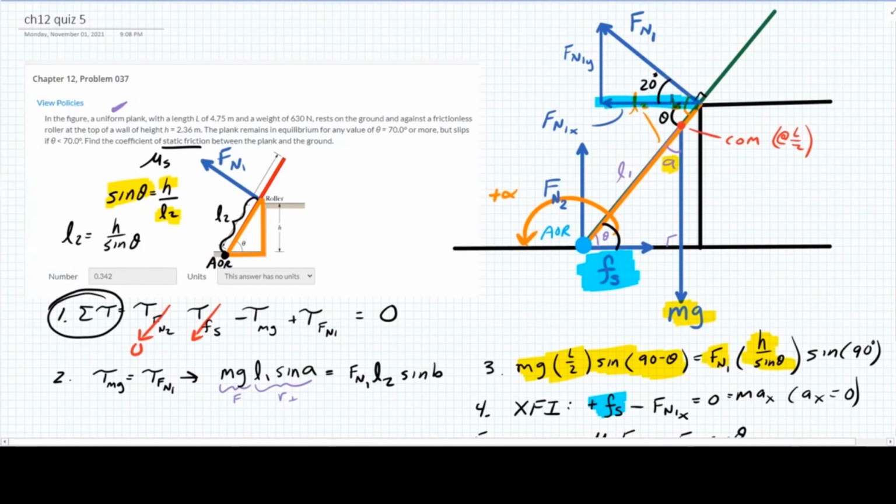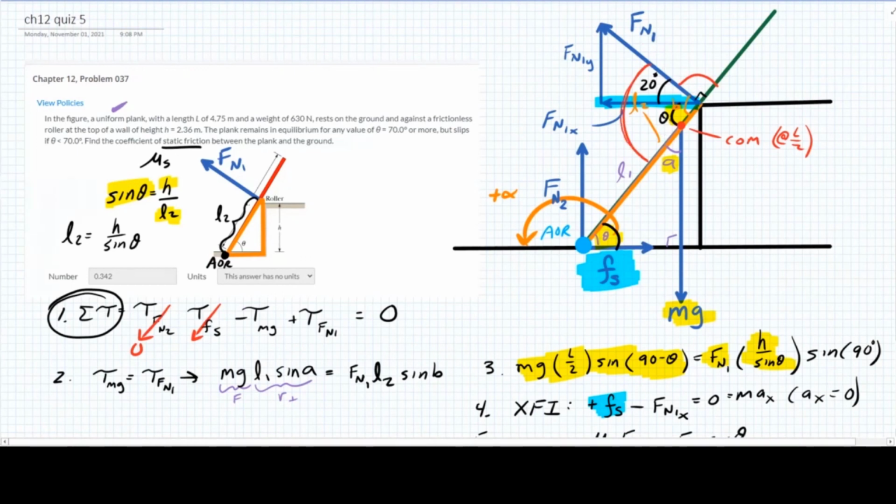This is minus Fn1x. Let me double check myself with my angle game. If this is theta, then that's theta, and in my case theta equals 70. I can see this is 90 degrees, because this is a normal force.